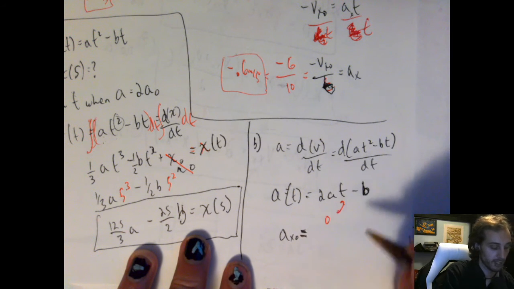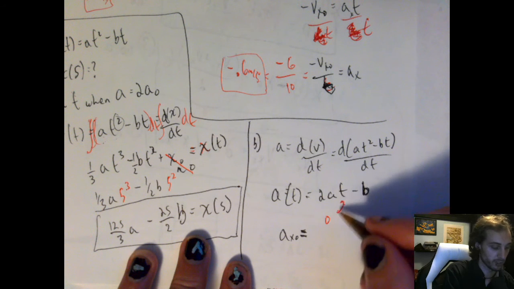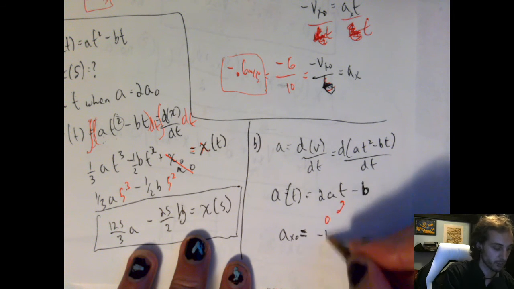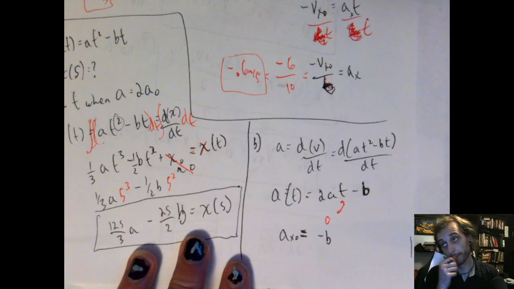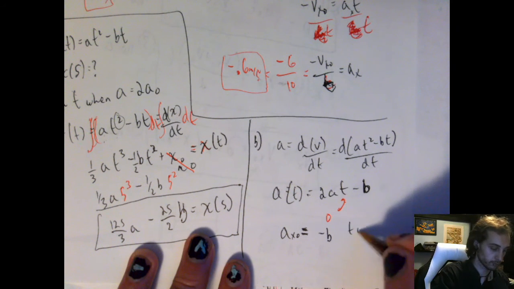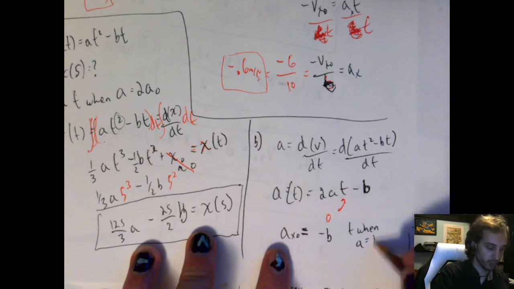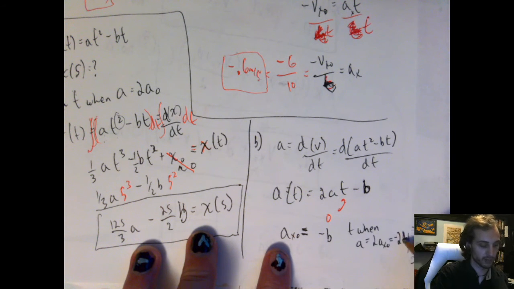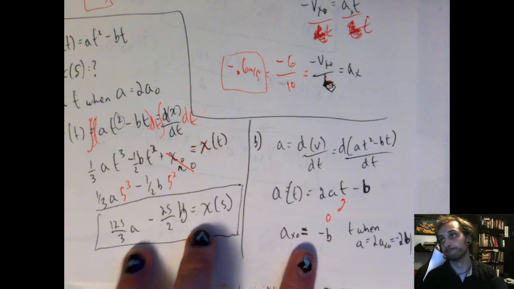Well, once we plug in t equals 0, all this goes away and we'll just get negative b. So we need to find the time when our acceleration equals double a at x naught, which is negative 2b. We just have to double this acceleration.